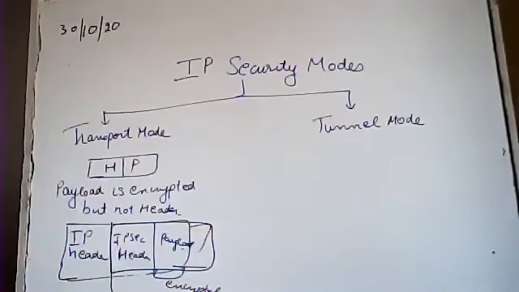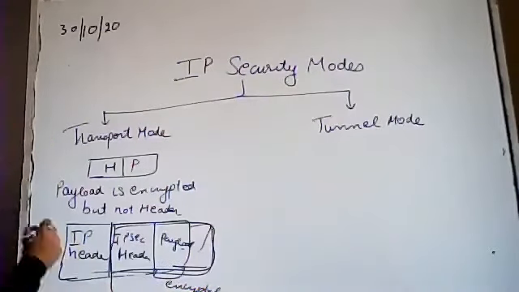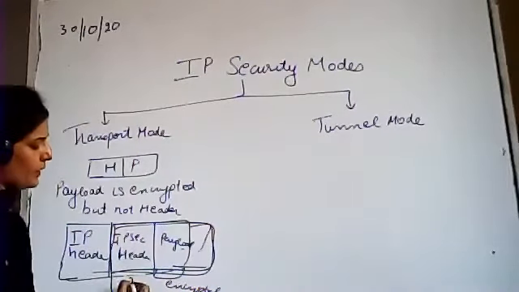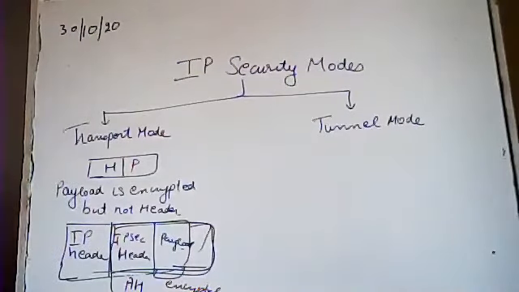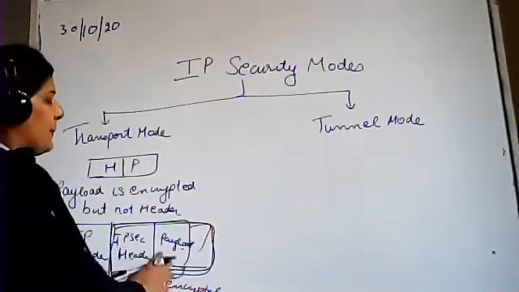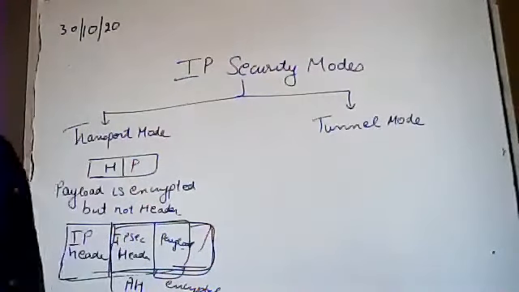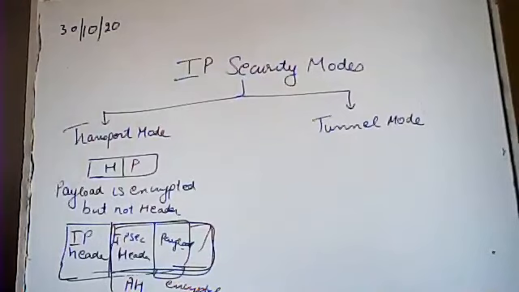So that particular thing is known as the transport mode over here. Now this IPsec header could be of any type. It could be the authentication header, it could be the ESP part. We are not concerned with that. The thing is that we are just encrypting the payload part only, not the header part.